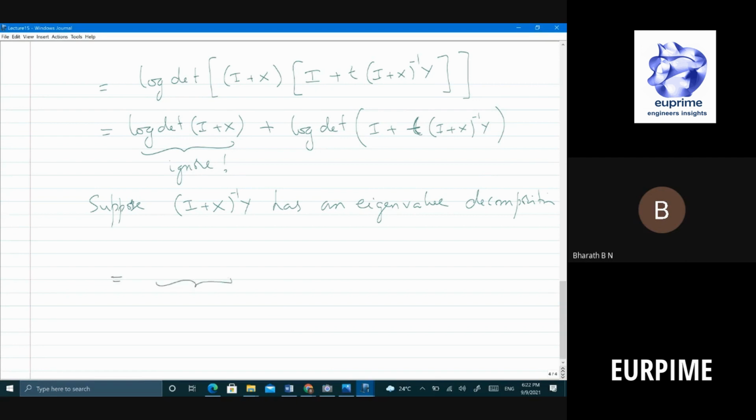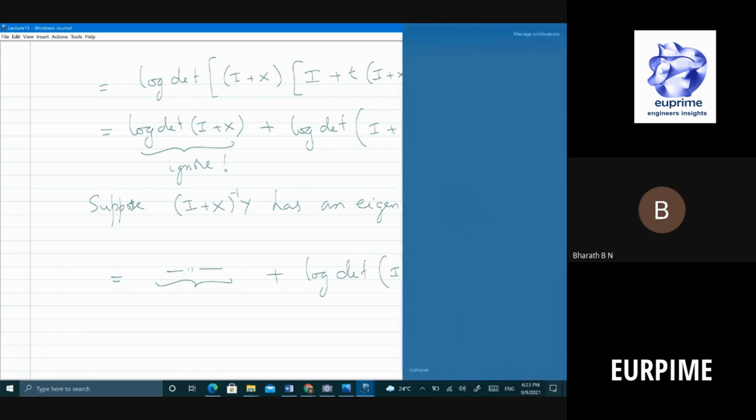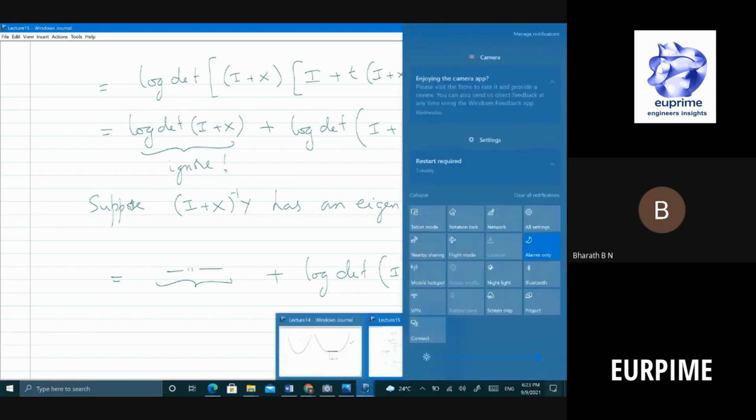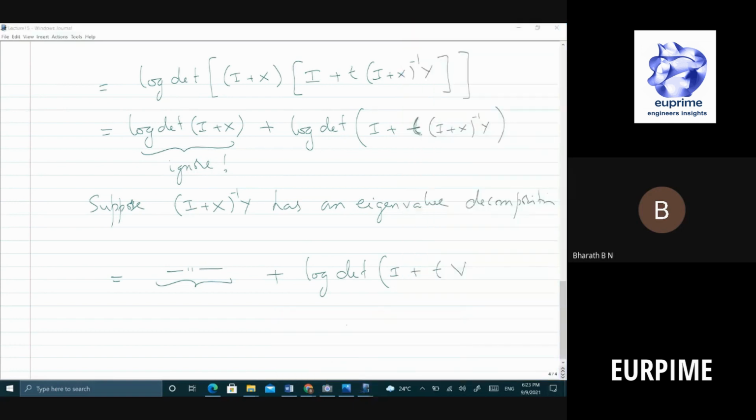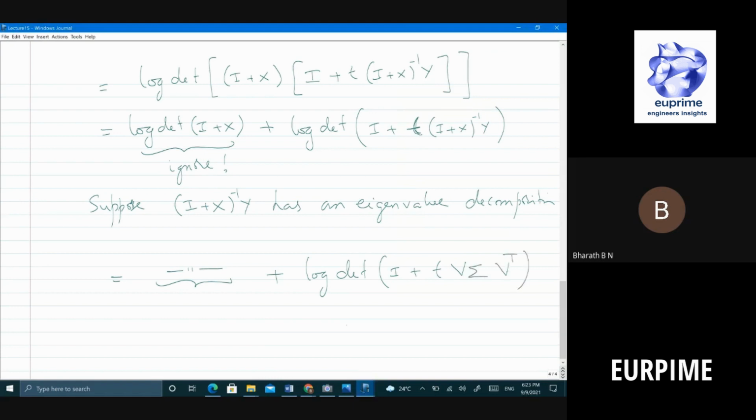The first term as is, right, plus log of determinant of identity plus t times, I can write this as something like V sigma V transpose, right? You agree?